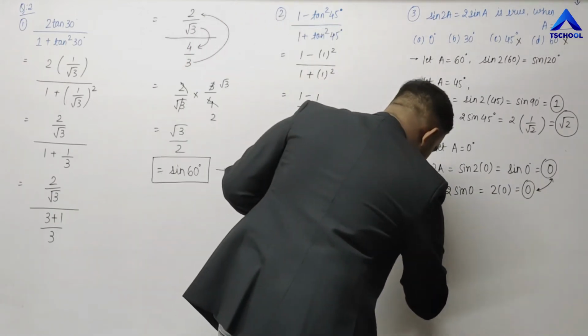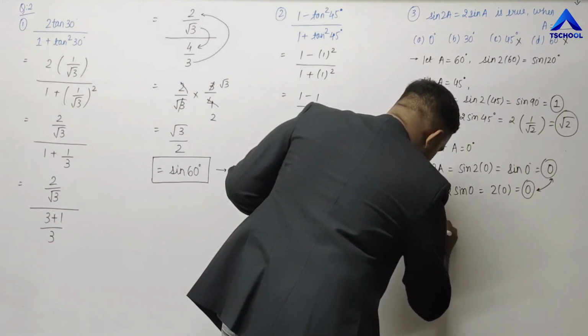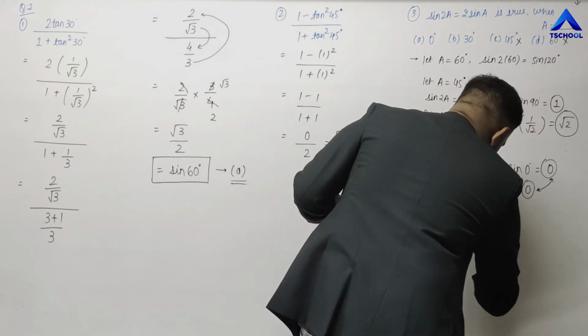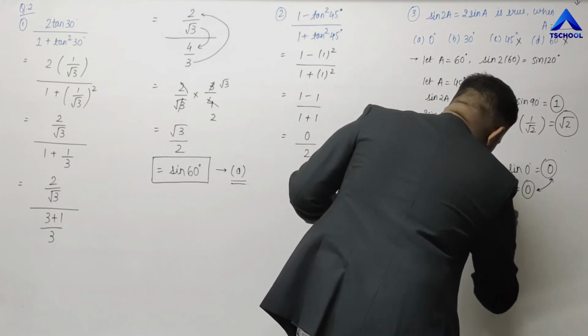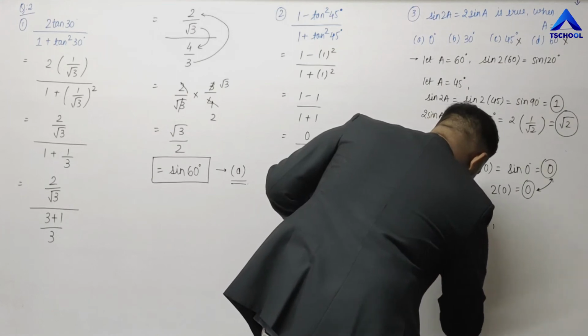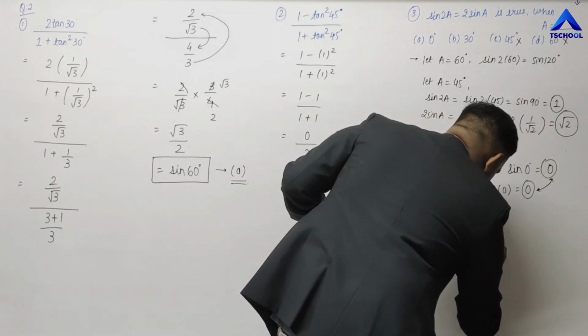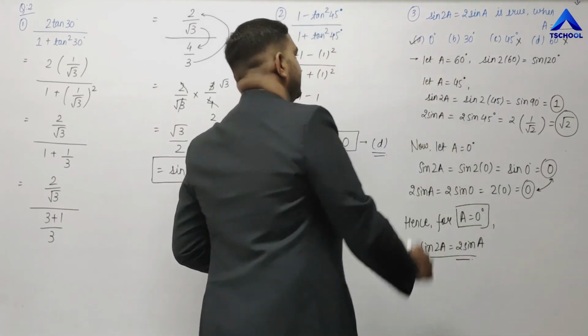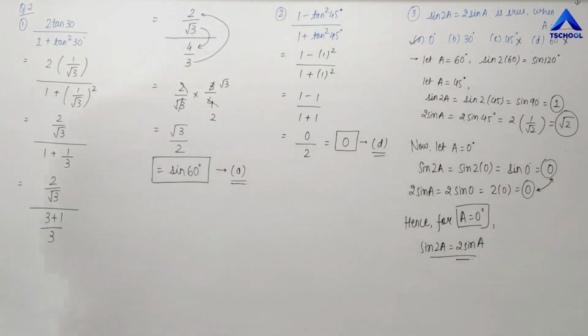Hence, for a equals 0 degree, sin 2a equals 2 sin a, and this is your correct answer. Hence option A is the correct answer.